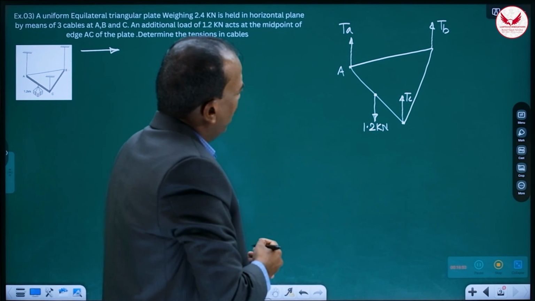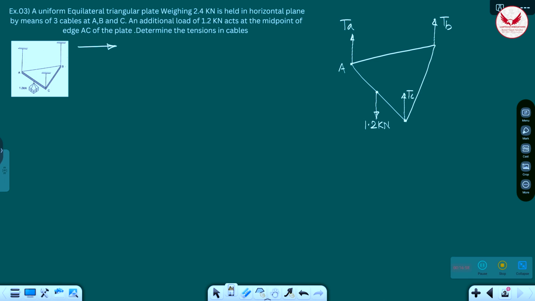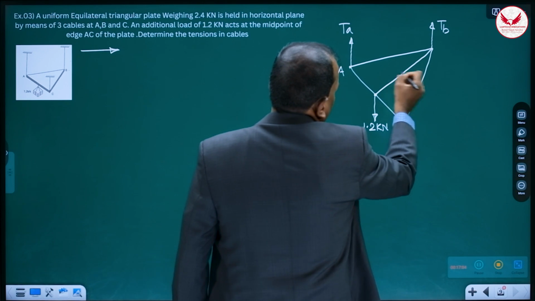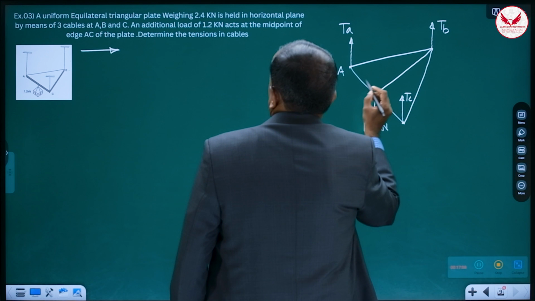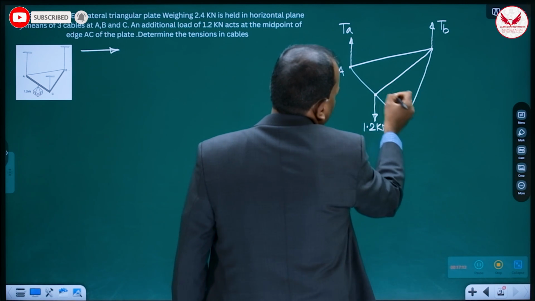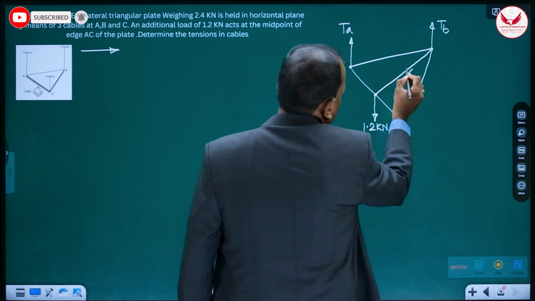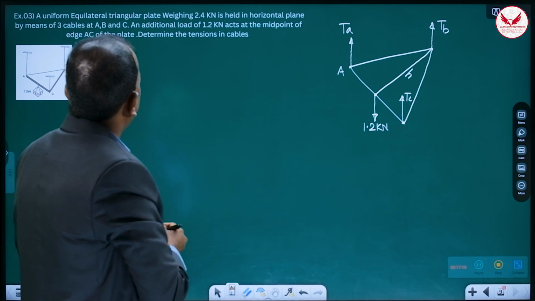Now where will the weight act? Weight will act if I join the corner from this midpoint. So the center of this triangle will be 1/3 from the base, whatever its height is. Let us consider this height is h.